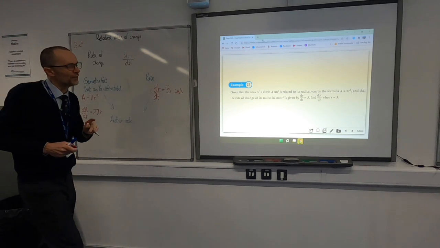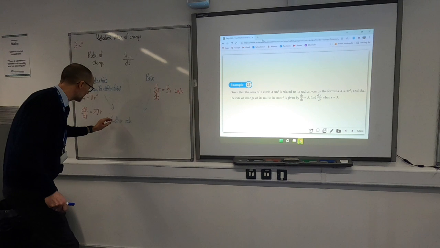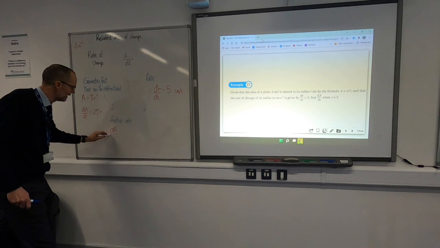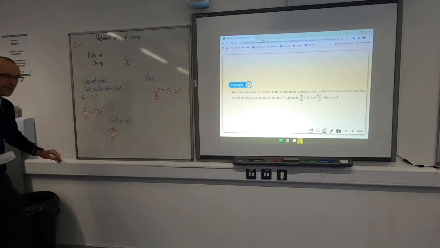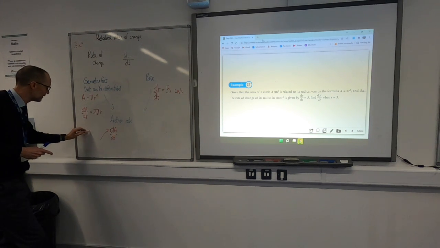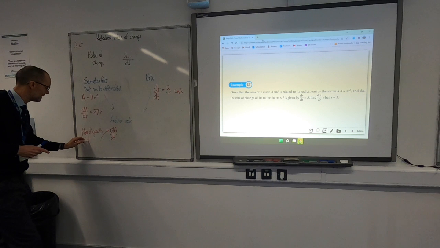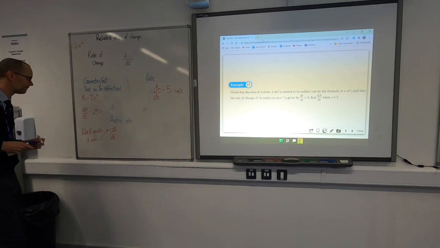And what we're asked to find is dA by dt. That's the other rate we're asked to find in this, and that's the rate at which the area is growing. So this is the rate of growth of area.